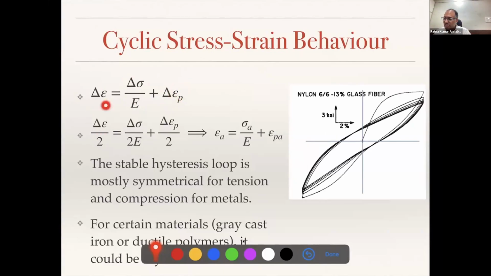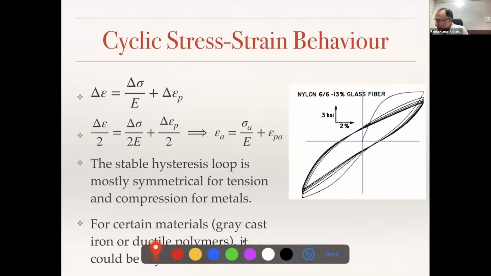Similarly, here instead of working with strain range, we can work with strain amplitude, which is nothing but strain range divided by 2. So dividing the entire equation by 2, delta epsilon by 2 is what I call strain amplitude, epsilon A, equal to delta sigma by 2, the stress amplitude, divided by E, plus delta epsilon P by 2, the plastic strain amplitude.